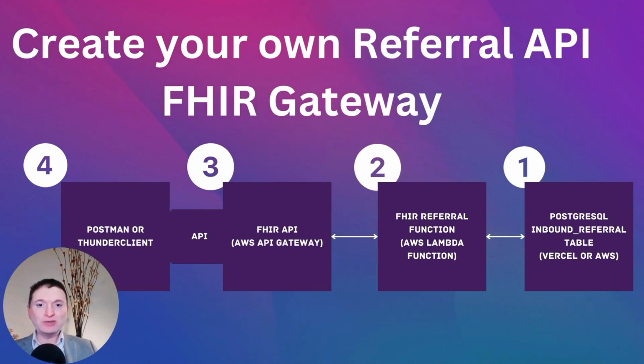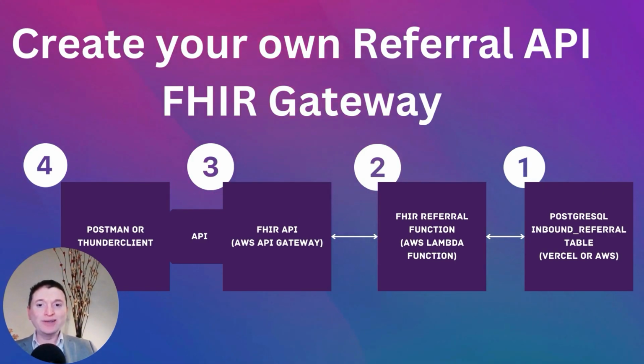You'll need to first create a table called inbound referrals based on the SQL command in the LMS. Next, you must create the Lambda function that handles the referral. I have provided the code and deployed this already on an S3 bucket.